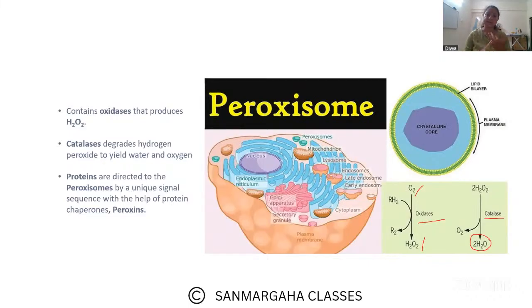Oxidases oxidize to form hydrogen peroxide, whereas catalases degrade hydrogen peroxide to yield water and oxygen. The proteins are directed to the peroxisomes with the help of protein chaperones called peroxins. I hope this is clear.